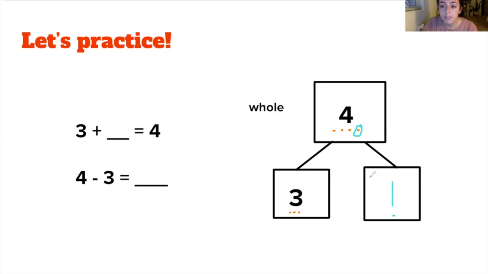We put the parts together and see if we find our total. 3 plus 1 equals 4. Good. So for our equations, we have 3 plus 1 equals 4. And that means that for our subtraction equation, we have 4 minus 3 equals our other part, 1. Good job, scholars.